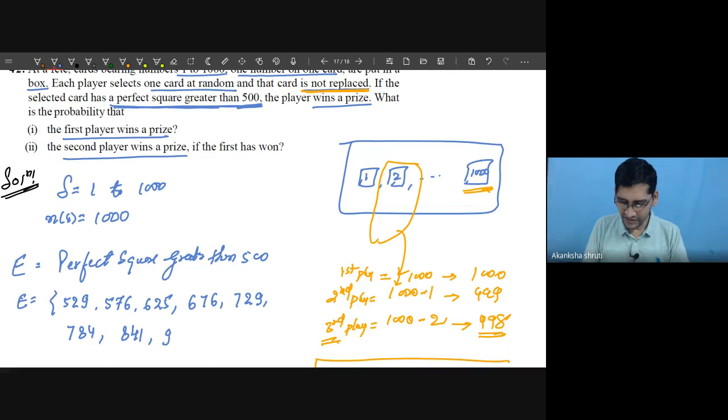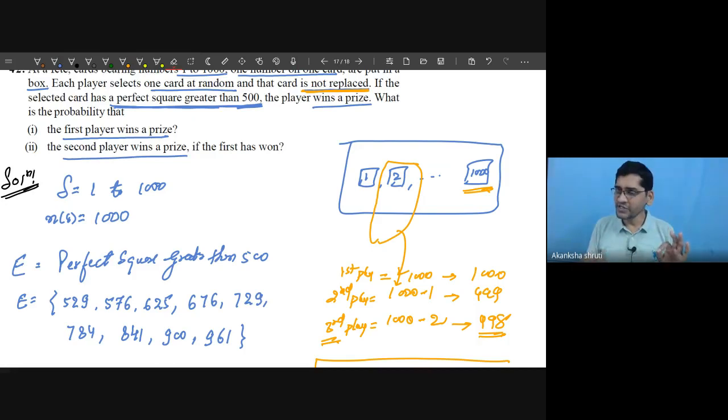Then 31 square. How much? 961. Then 32 square. You may check. 32 square is how much? Yes, students, it is 1024. Already you have remembered, it is 2 to the power 10. So we have to stop here itself, because the next number is 1024. So this cannot be taken. Okay, so this is the event.